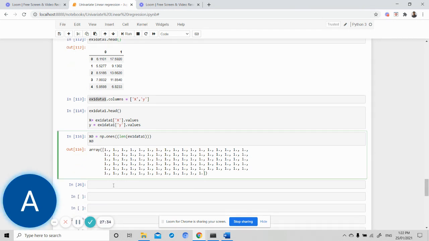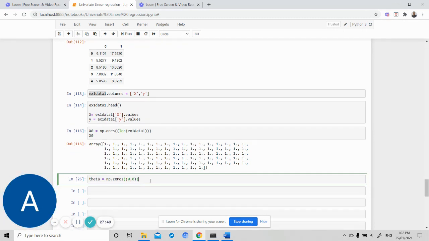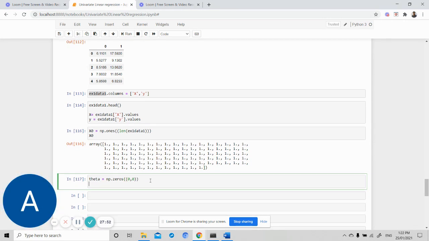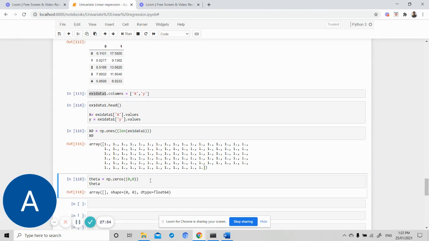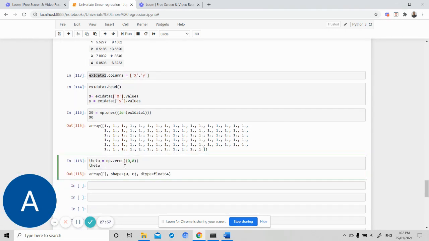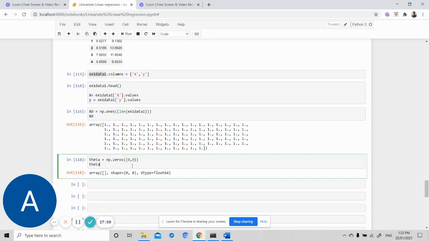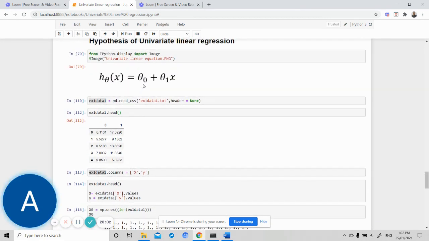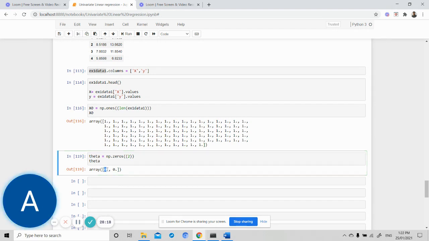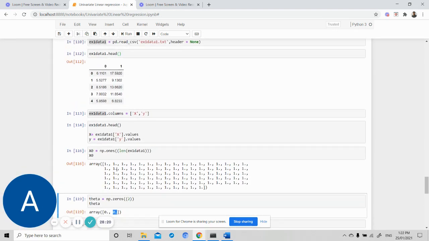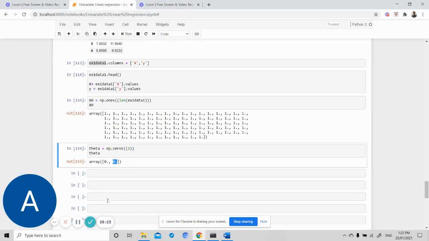And again, I said that initially we will define our theta as, let's say, np.zeros. This is just for testing purposes, and I will explain it in more detail later. So let's say my theta is 0, 0. Why 0, 0? Because we have two theta values, one for theta naught and one for theta 1.